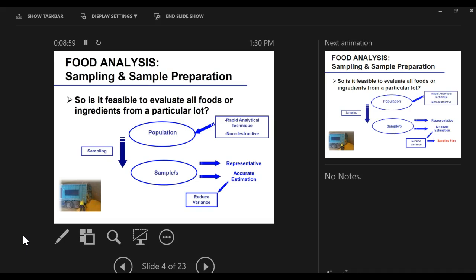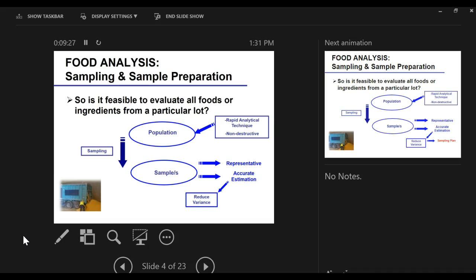So what methods of sampling you use. Is it random sampling? We'll talk about random sampling versus non-probability sampling and so on. So the sampling method and the number of samples you need to select so that you reduce variance and have a more accurate and affirmative conclusion that represents the entire population.